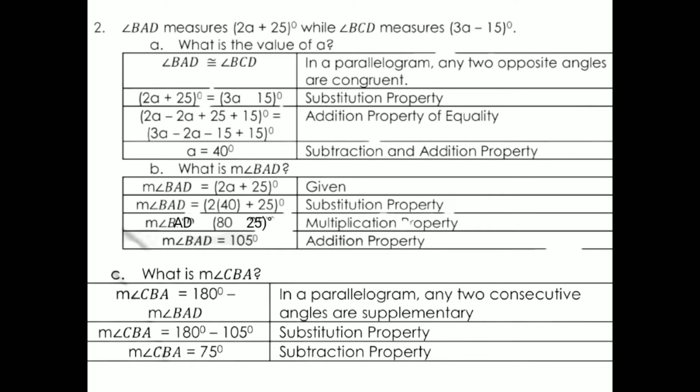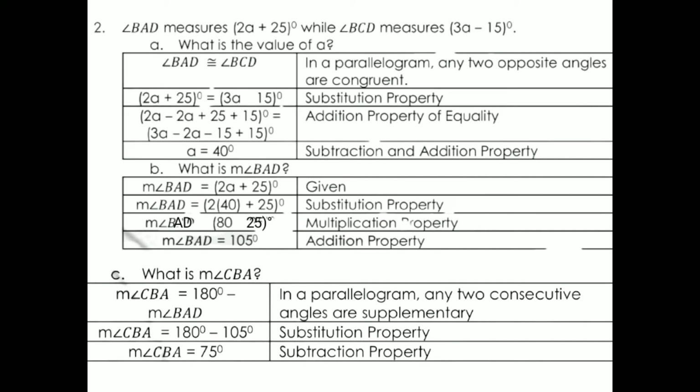So yun yung measure ng angle BAD. So next one natin is yung what is angle CBA naman. Since the properties in a parallelogram, two consecutive angles are supplementary, meaning to say their sum is equal to 180 degrees. So ang hahanapin natin is angle CBA. So balikan na lang natin yung figure mamaya para makita natin kung alin yun.